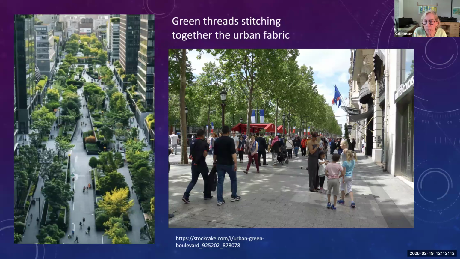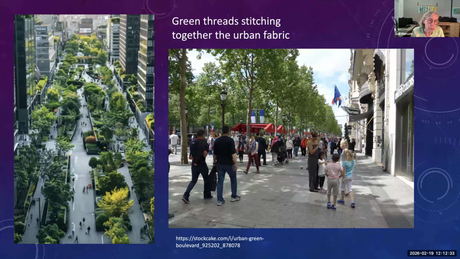But I also put in a picture of a street that many of you might recognize. It's the Champs-Élysées in Paris, and it's probably the most walked pedestrian corridor in a city in the world, the most famous. And that's just because Paris is the most visited city in the world.